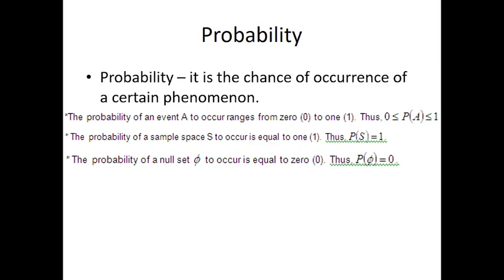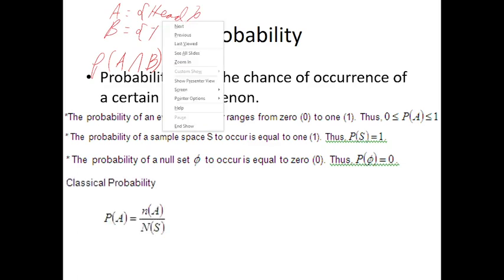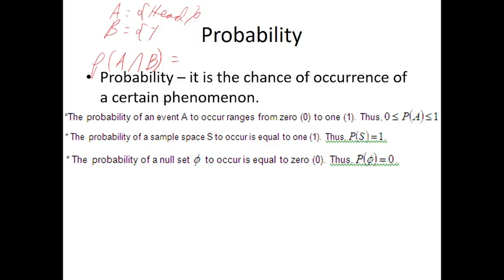Let's say, halimbawa, ano yung probability na mangyayari yung dalawa na to? Kung ang event natin ay head para sa A, at yung event natin sa B ay tail. Okay?